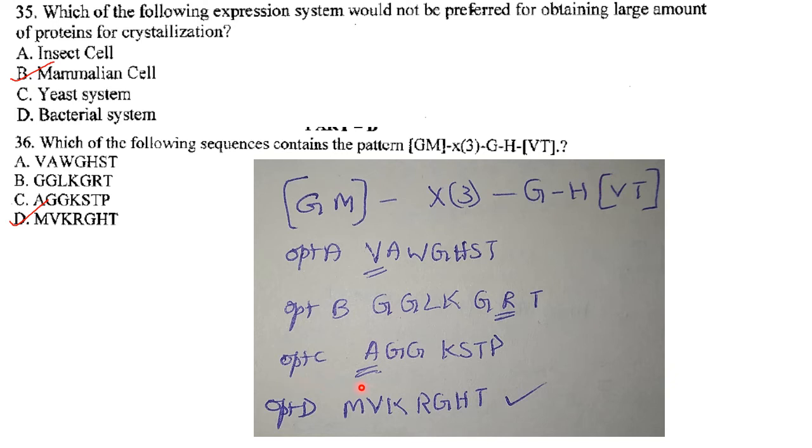Then option C. Again the first amino acid they have written as A instead of G or M. So that is also not correct. And option D, you have got M first. Okay, that's correct. Then V, K, R. Then G, yes, G over here, H, H and either T or V and it is T. So option D is the correct answer.